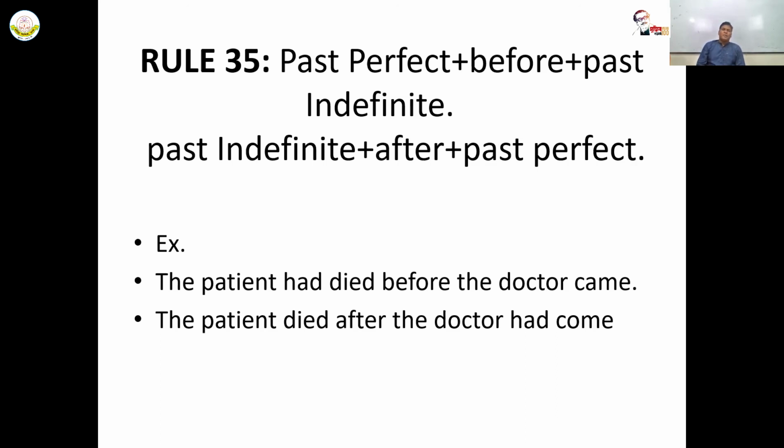In a sentence that has before and after, it will always be past perfect and past indefinite. However, you just have to keep in mind whether the past perfect tense will come first or later. If you find before in any sentence, you have to write the past perfect tense first and then the past indefinite tense.